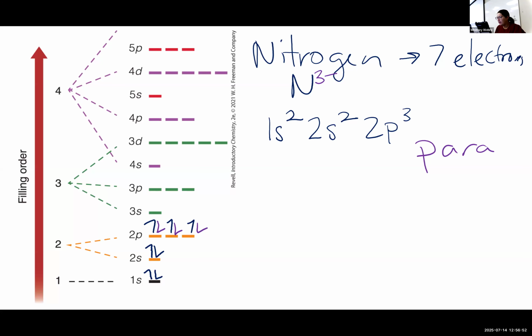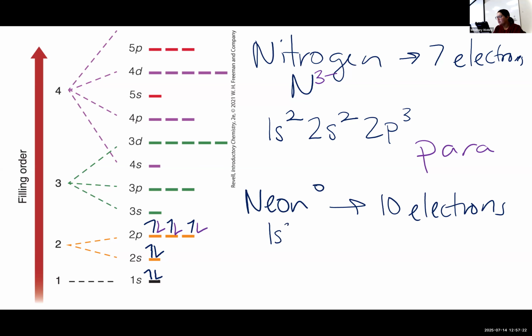If it was something like, I don't know if I can erase, no, I can't. This would also be equivalent to neon. So neon, if it was neutral, would have 10 electrons. And if I count 1, 2, 3, 4, 5, 6, 7, 8, 9, 10, this would be the same electron configuration for neon.